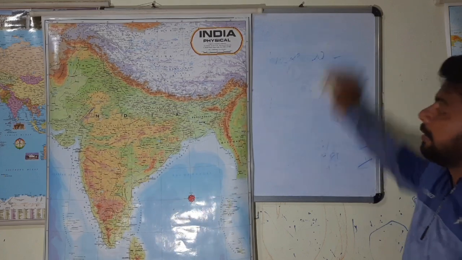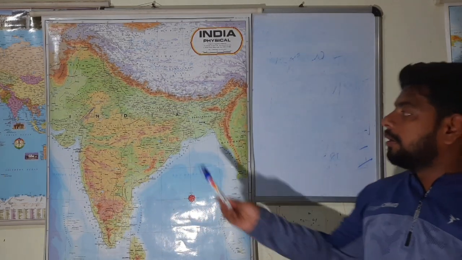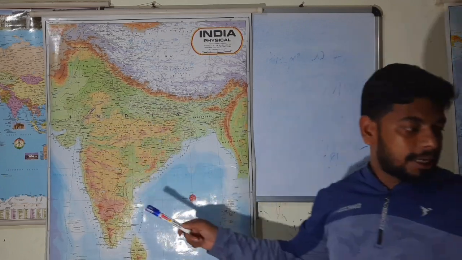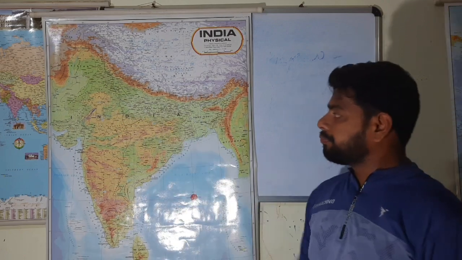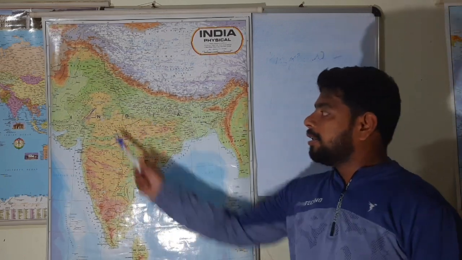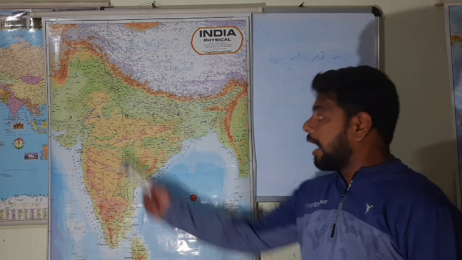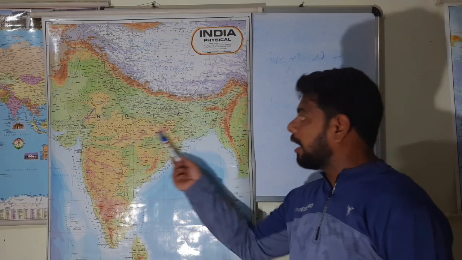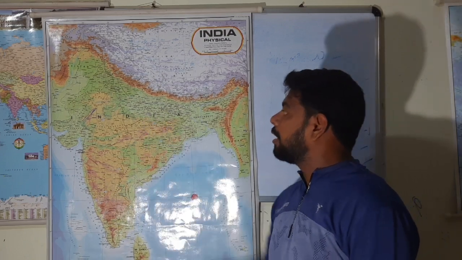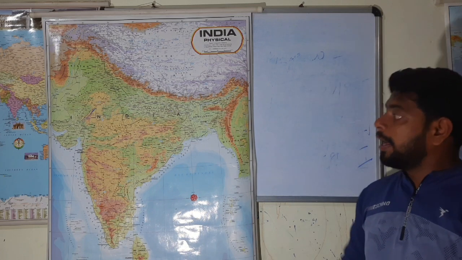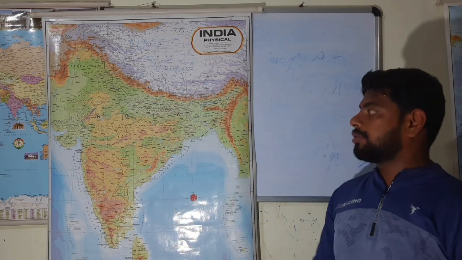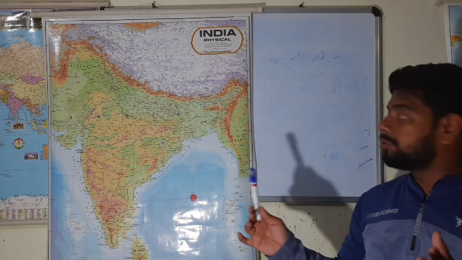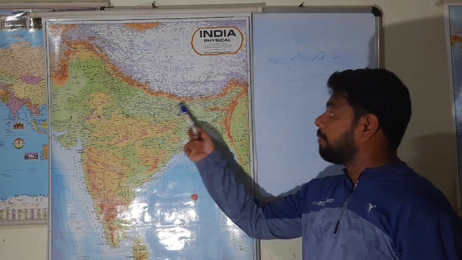And what are these? The first one is the Central Highland. Within the Central Highland, the Malwa plateau is there. The eastward extension of the Malwa plateau is called Baghelkhand, or also Bundelkhand. Further, another eastward extension of Baghelkhand is another plateau named Chota Nagpur plateau.